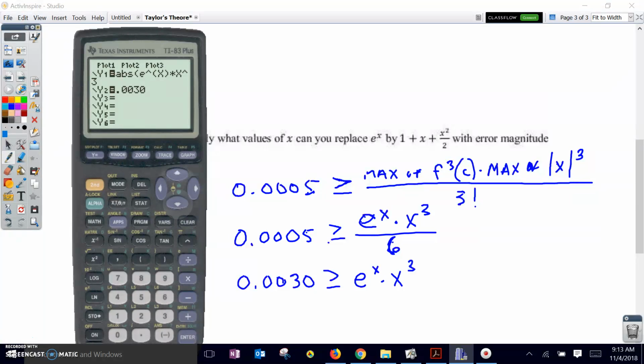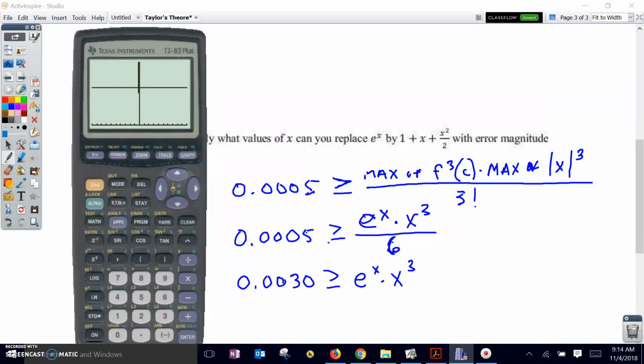I want the absolute value of this times the absolute value of this. Alright, and now I need to set up an appropriate window. In order to see this, I'm going to set my y max at 0.005, my y min at 0, and I should be able to see these two graphs come into play here.